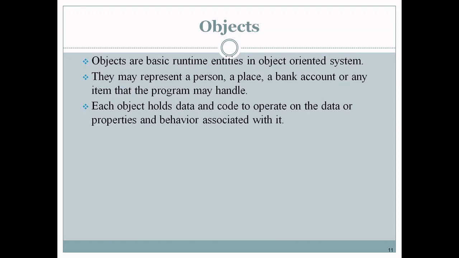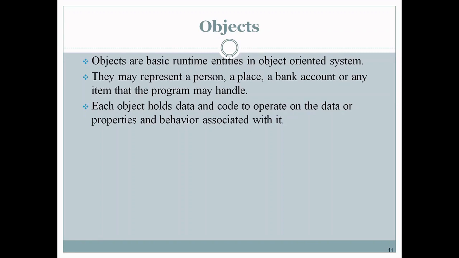Each object holds data and code to operate on the data. Or we may say every object has properties and behavior associated with it. So, for example, we have seen an object as a bird. What are the properties of a bird?